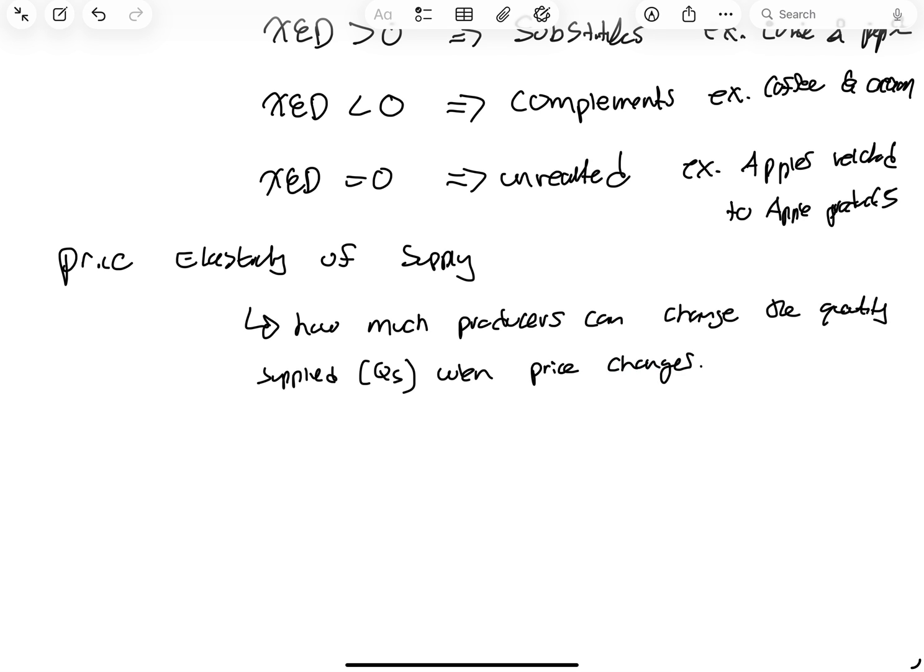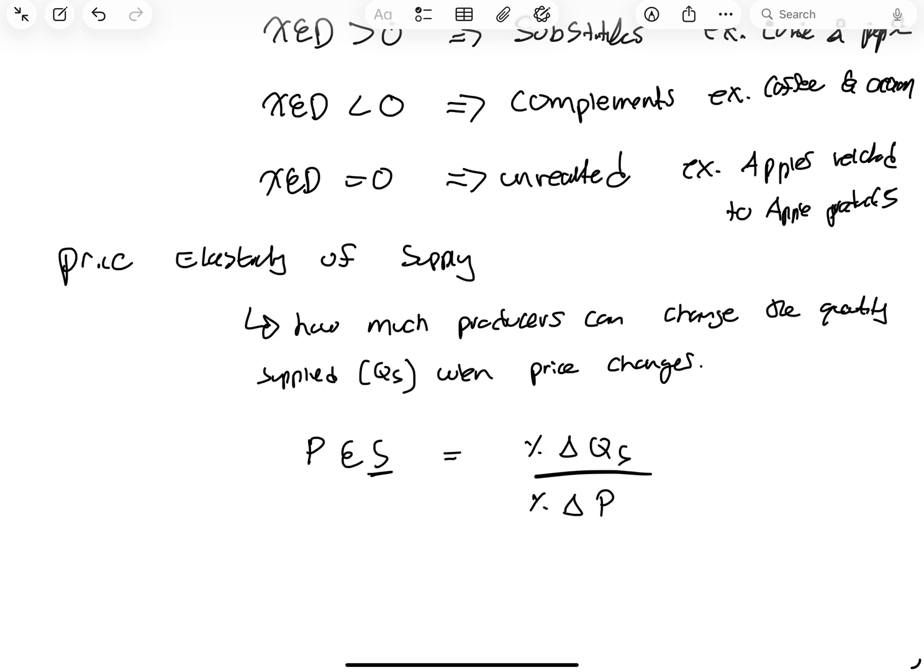We use PES, so we replace the D with the S. And again, it's the percent change in quantity supplied over the percent change in price.